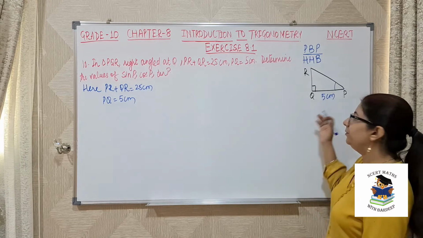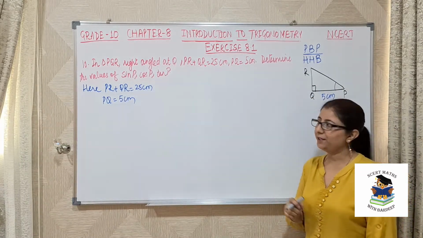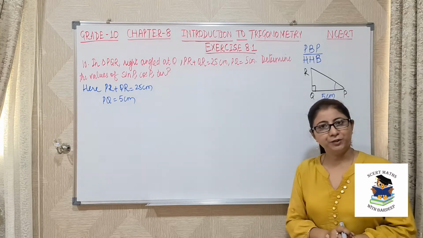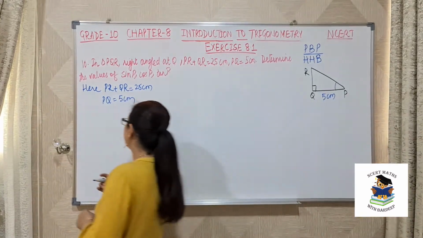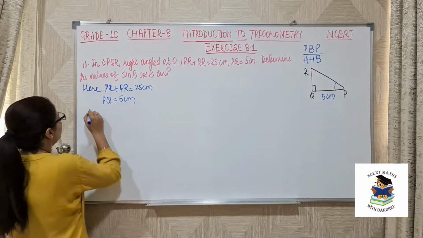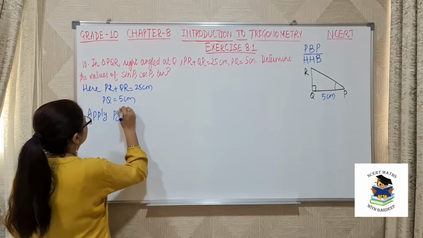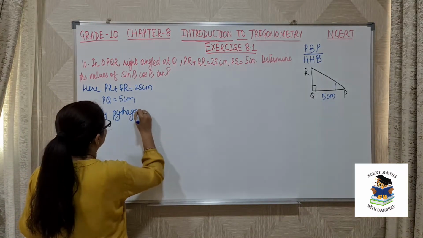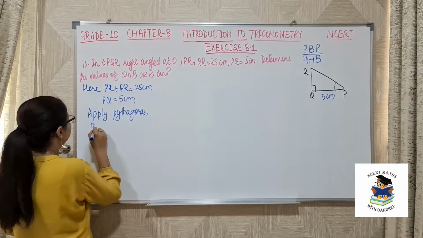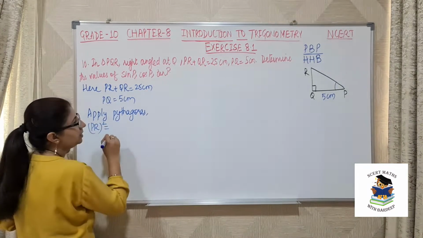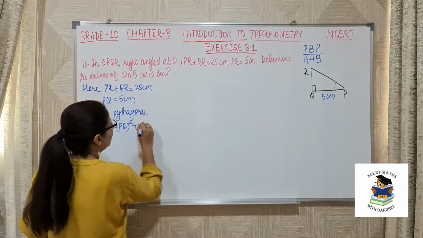Okay. But before proceeding, first we should find the length of all the sides of the triangle. Only then we can find the trigonometric ratios that are needed. So let's see how to do that. So apply Pythagoras. So our hypotenuse is PR square. This is equal to base square, that is PQ square plus RQ square.